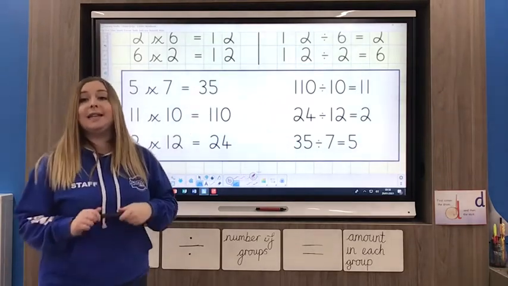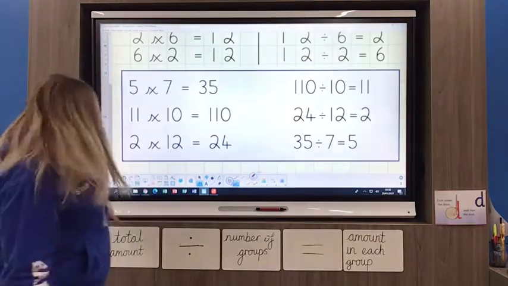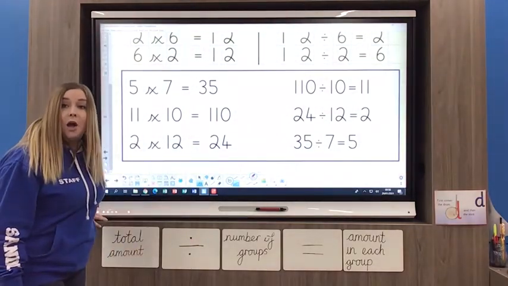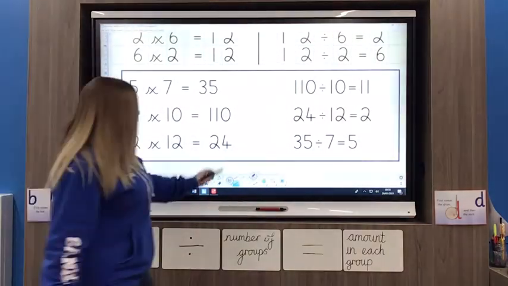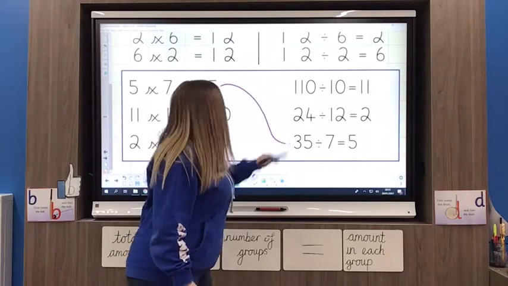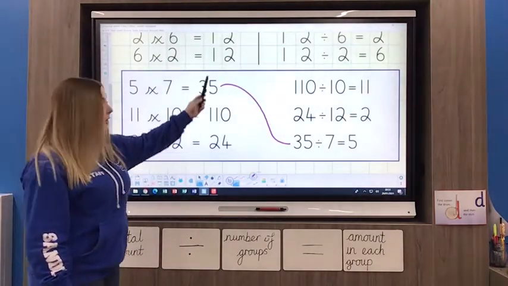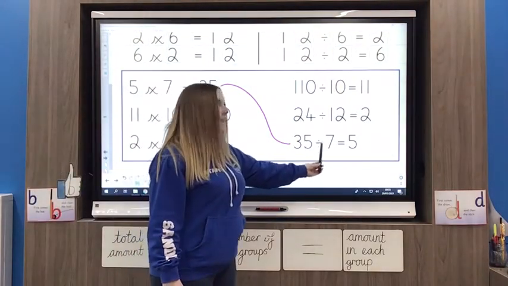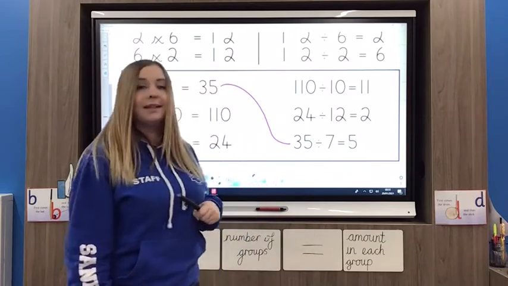Can we now see a division fact that's got the total amount, so that's this number here, of 35? We can, it matches to this one, doesn't it? So 5 times 7 equals 35. 35 divided by 7 equals 5. Well done if you spotted that at home.